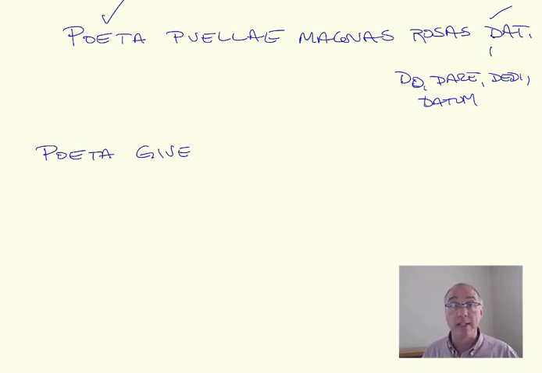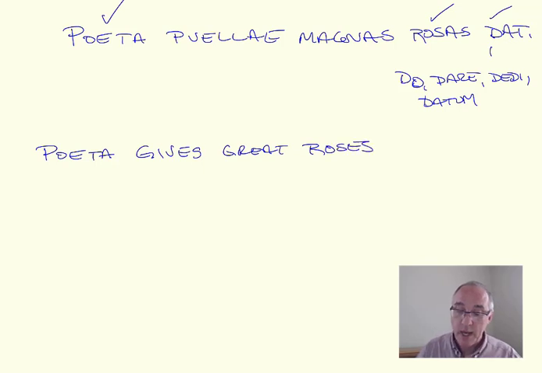Gives what? We've already identified the accusative, rosas. Gives great roses. And then we're left with puellae. We don't know what to do with puellae.